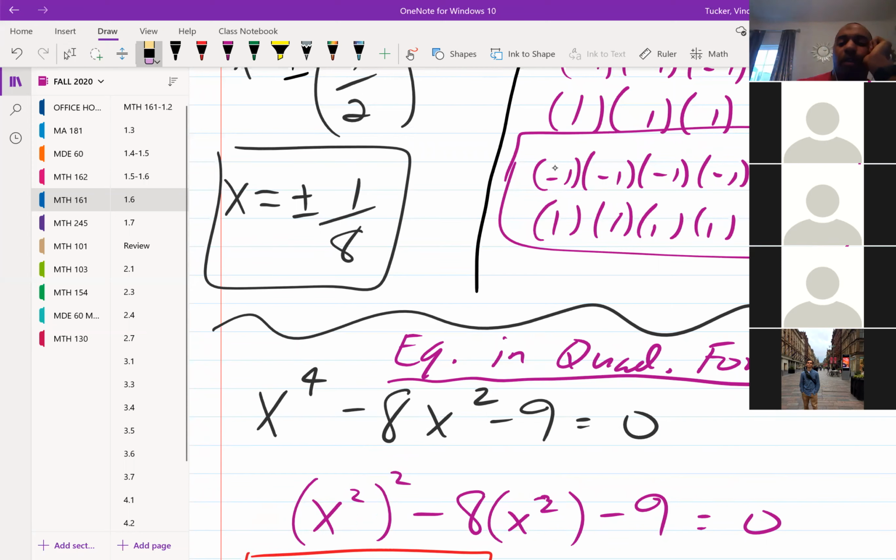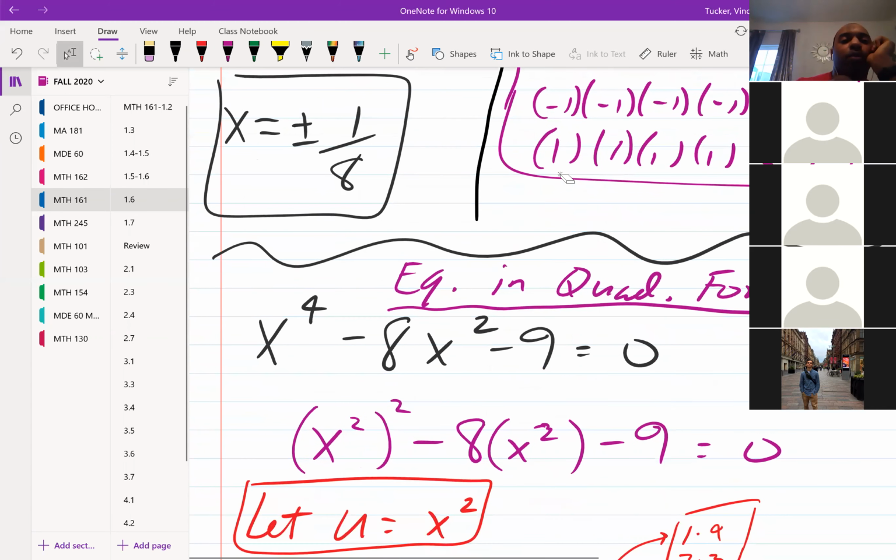So what do we mean by an equation being in quadratic form? If we go back to our regular quadratic form, a squared plus 5a plus 7 equal to 0, we have a here, and then a squared. Whenever you have your term and then that term being squared as your leading term, that's considered being in quadratic form.